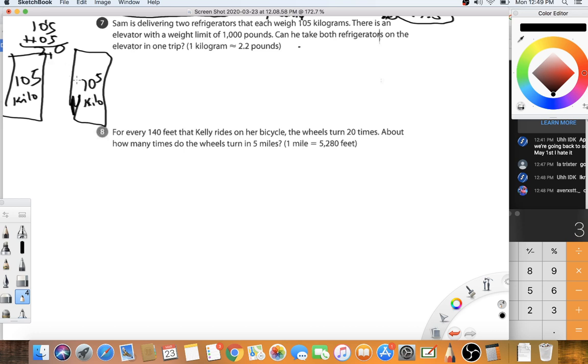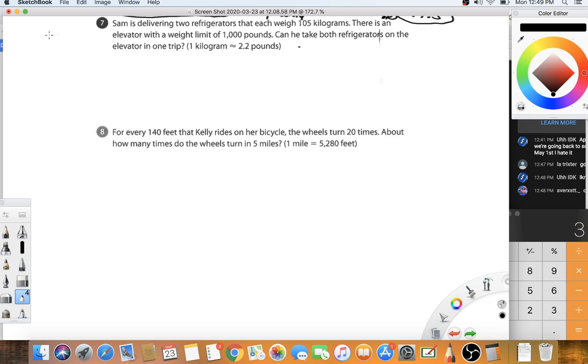So they're trying to carry 210 kilograms.